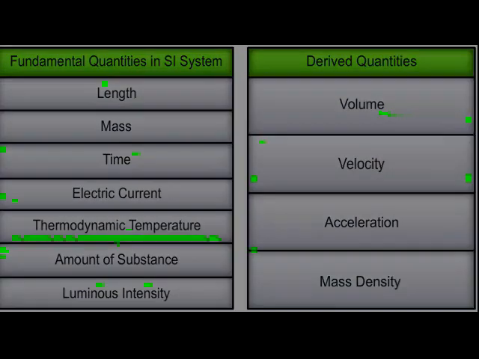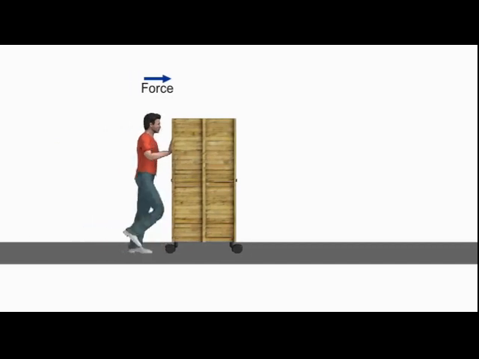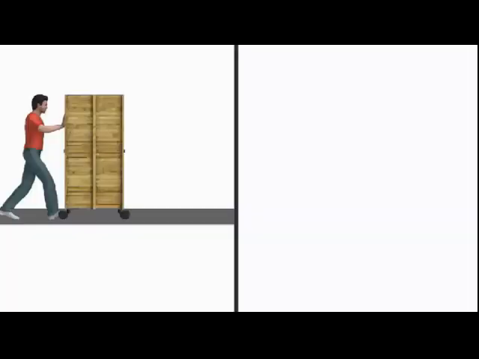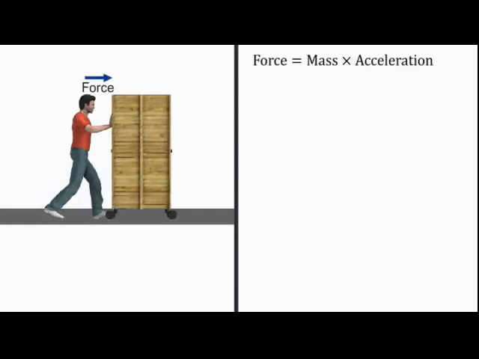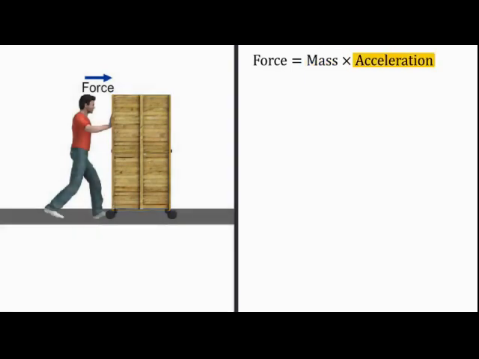For example, consider the quantity force. Force is the product of mass and acceleration. Mass is a base quantity, and acceleration is the derived quantity, which is the ratio of change in velocity to time.